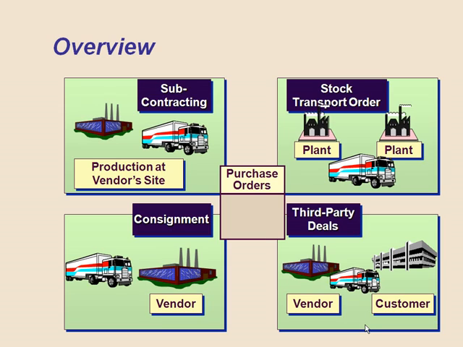Then there is something called stock transport order, which means moving of stock from your stores to another stores. You have seen that transport posting, 1 step, 2 step, between storage locations, between plants. Stock transport order is of two types: moving material from one plant to another plant using purchase order, or moving stock from one company code to another company code using purchase order.